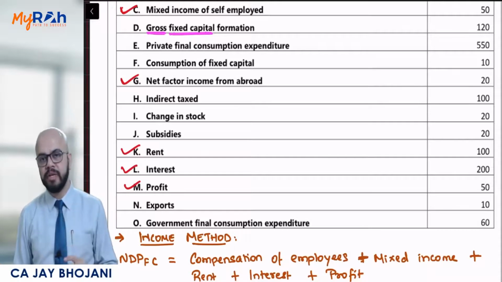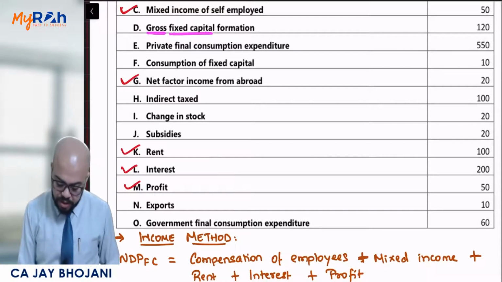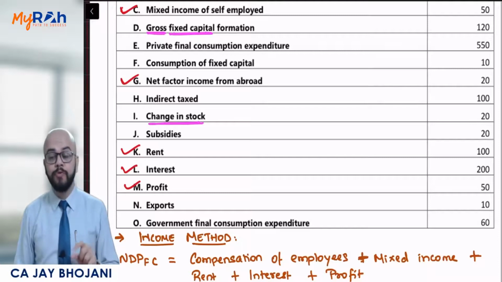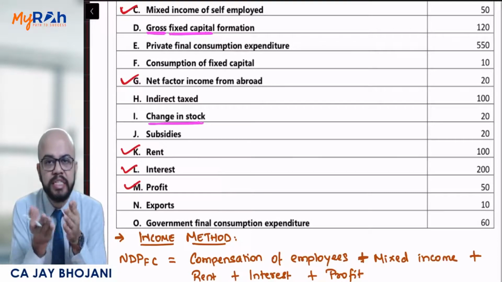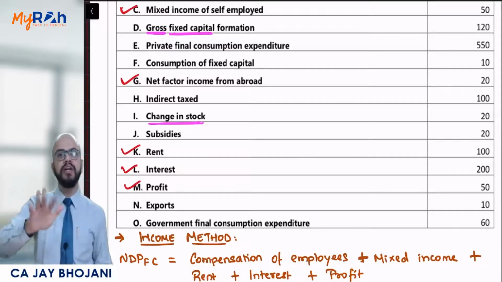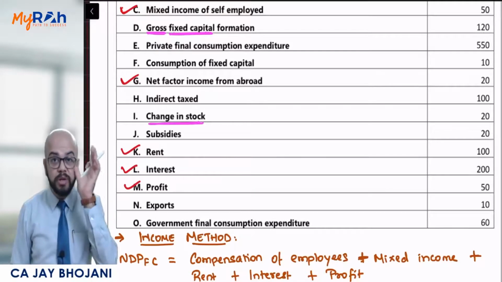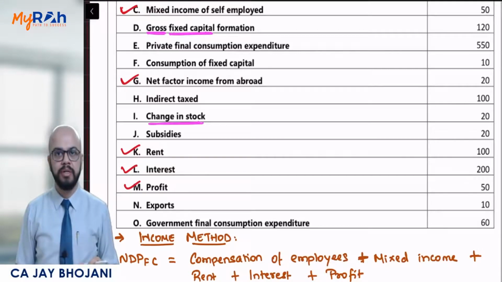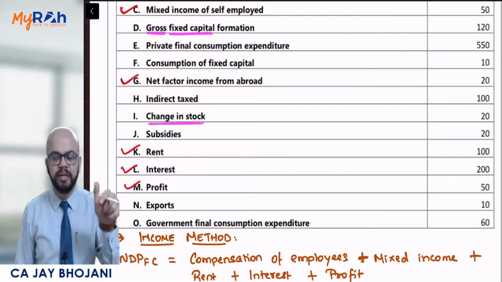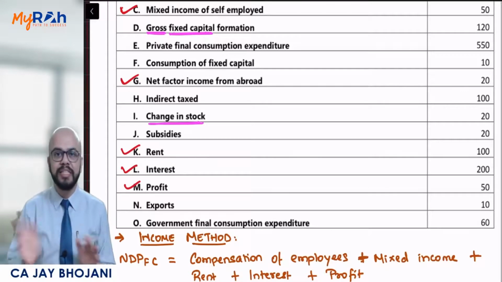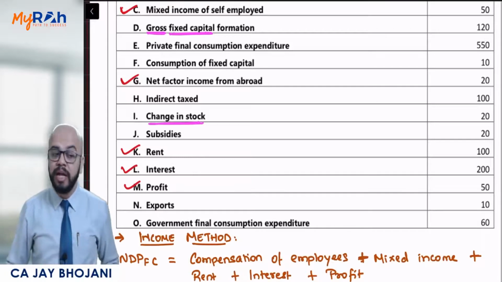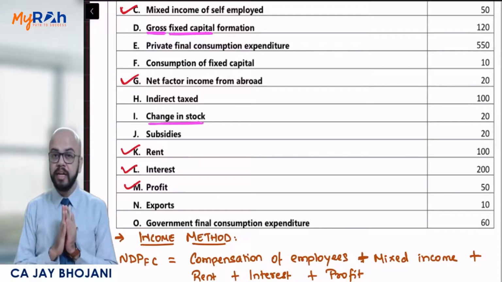Only fixed capital is given, and therefore this change in stock is now important for me. Had it been GDCF it would already have included change in stock, but this is only fixed capital formation. That means inventory change has not been taken into consideration. I told you, numericals can get very tricky.